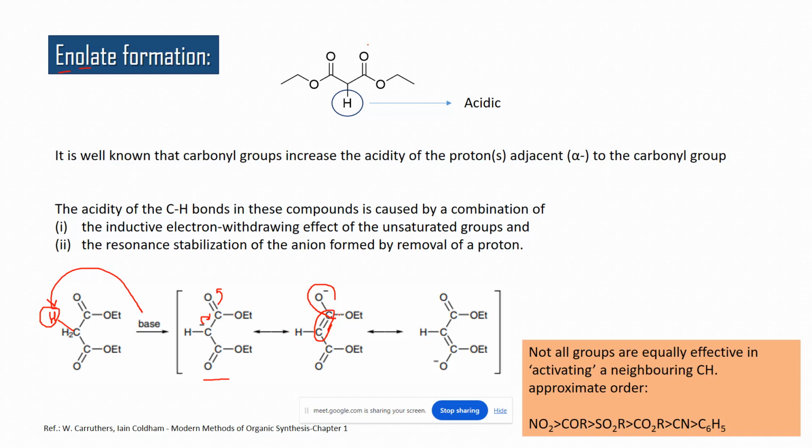Now, the acidity of the CH bond in this compound is caused by the combination of the inductive effect of this electron withdrawing group and also by the resonance stabilization of the anion formed due to removal of this proton.